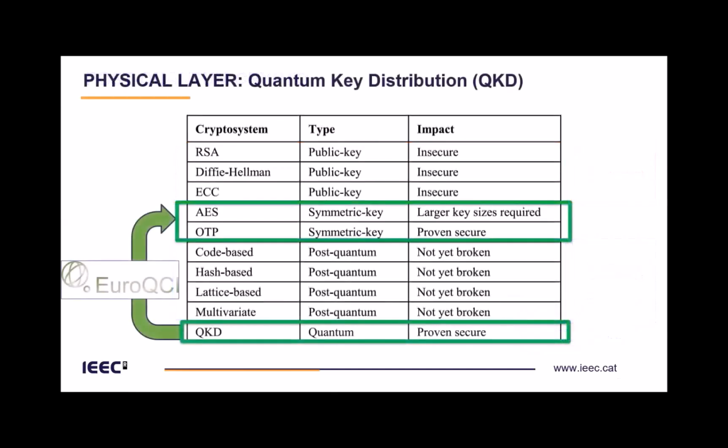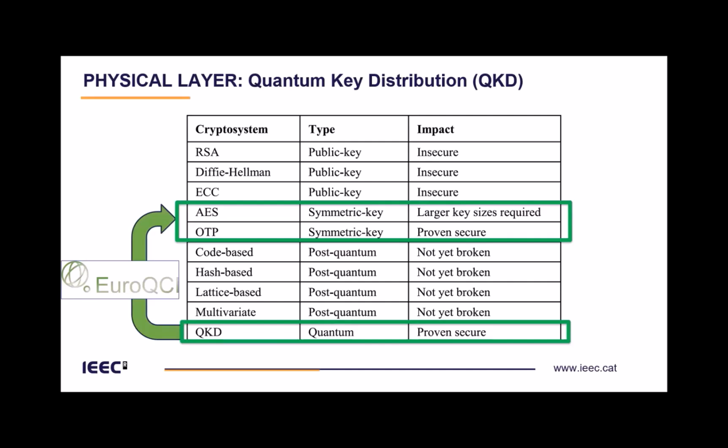And then there is this other solution for this threat, which is, if the previous one is some sort of American perspective, then this would be a little bit of a European perspective, in which at the physical layer we can go to quantum technologies, in particular quantum key distribution. But with this quantum key distribution at the physical layer, which is proven secure, as a key provision for the symmetric key protocols.